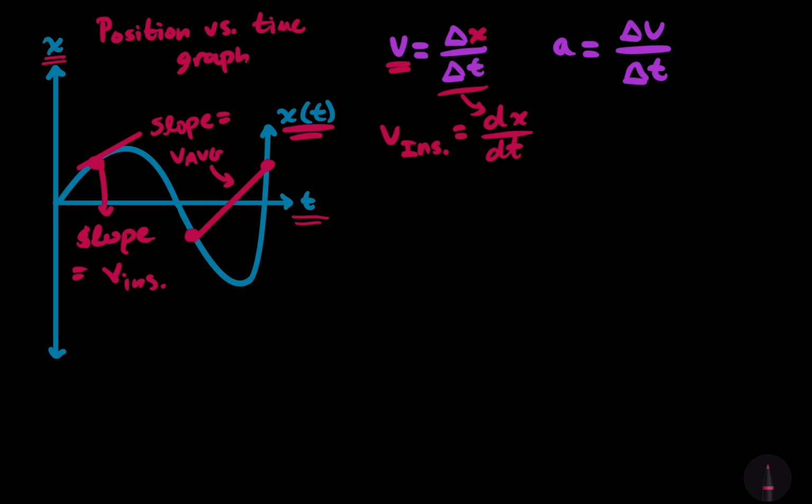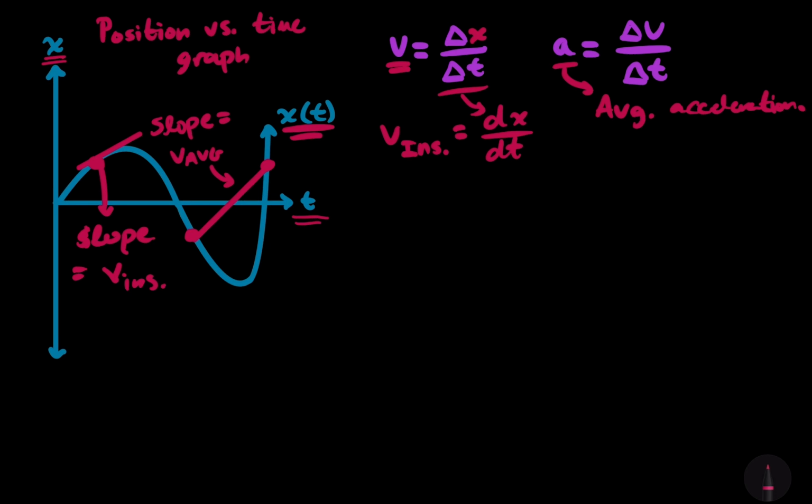And so with that in mind, we can look at the definition of acceleration in terms of velocity. So the average acceleration right over here is given by the change in velocity with respect to time over a certain time interval. And if we look at a velocity time graph, it would just be the slope of the secant line of that.